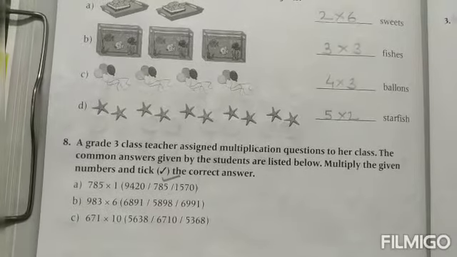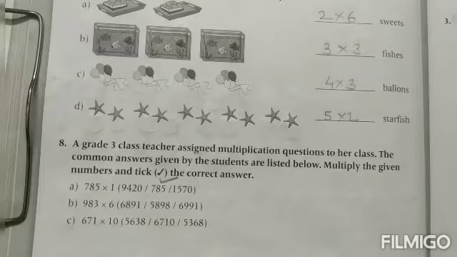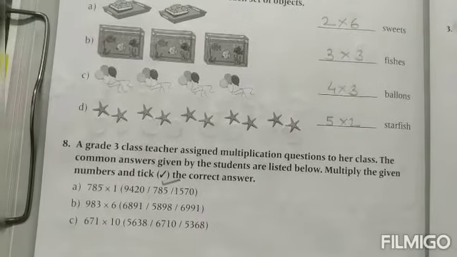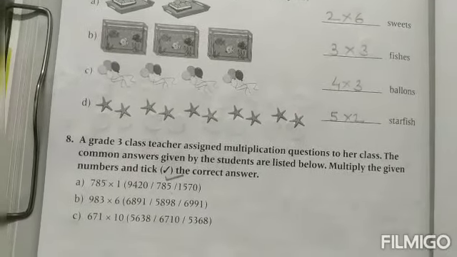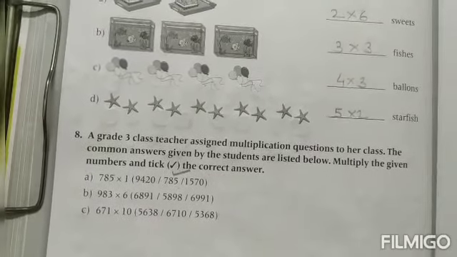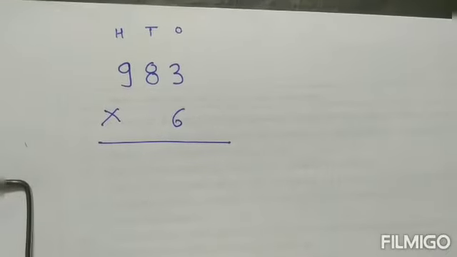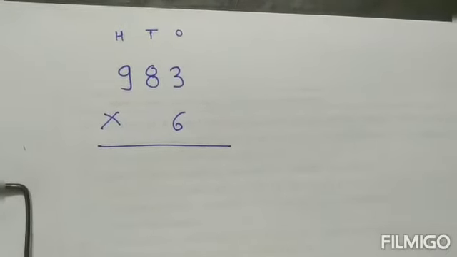Next sum is 983 multiplied by 6. Children, first write down the sum vertically below each other according to ones and tens columns. In this way, write down the sum.